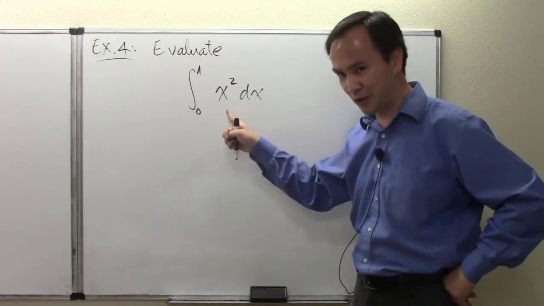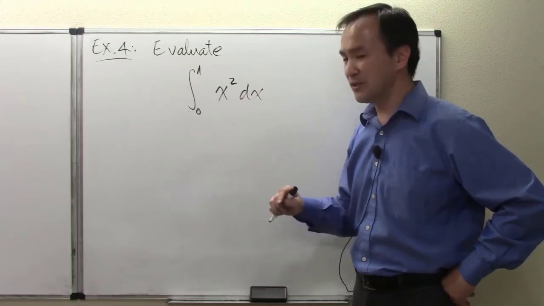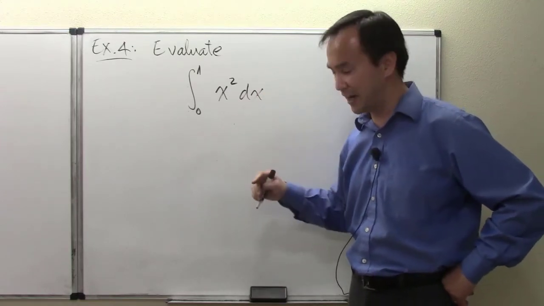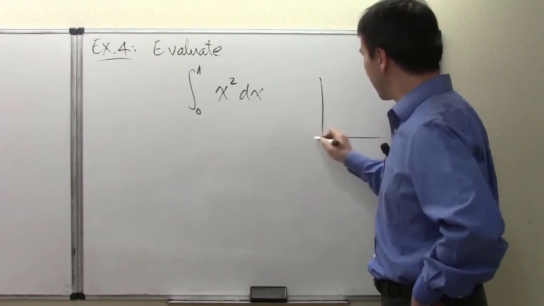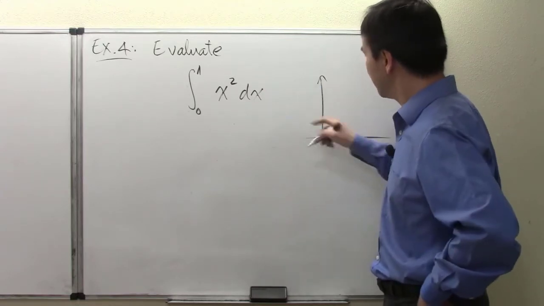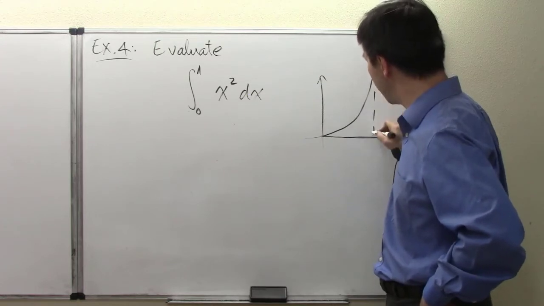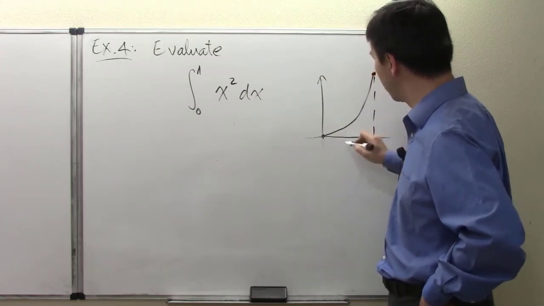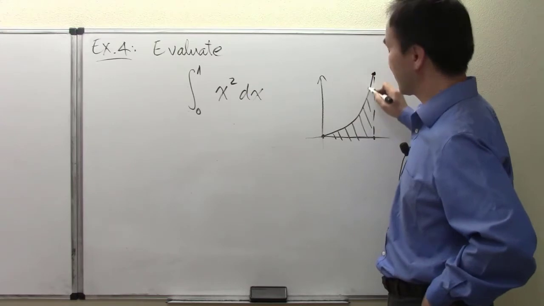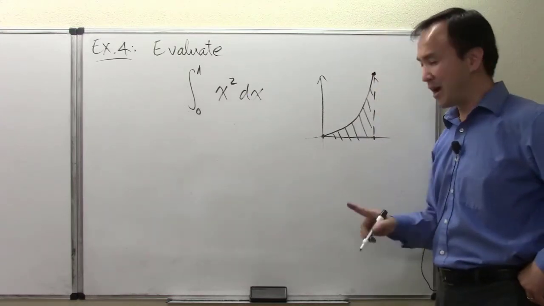It's not a circle, it's definitely not a trapezoid, and it's definitely not a triangle or anything like that. If we interpret this integral as an area, it is a very irregular shape here. And so the only choice for us.